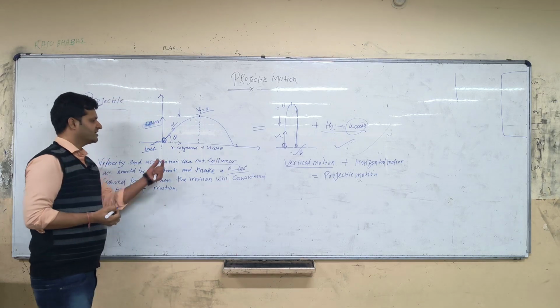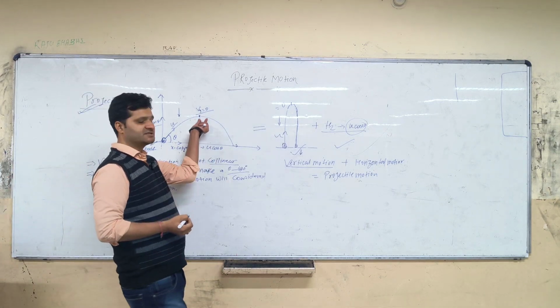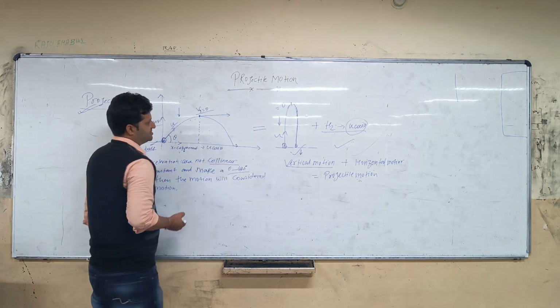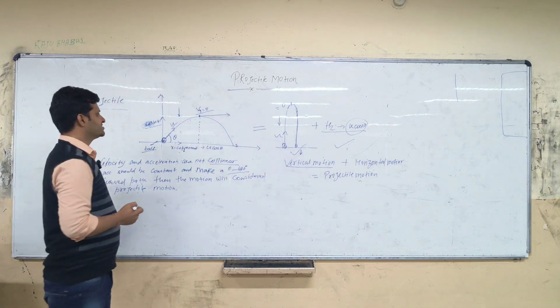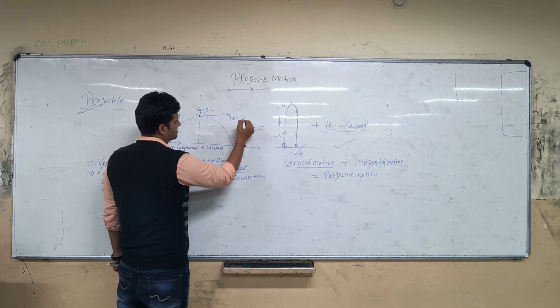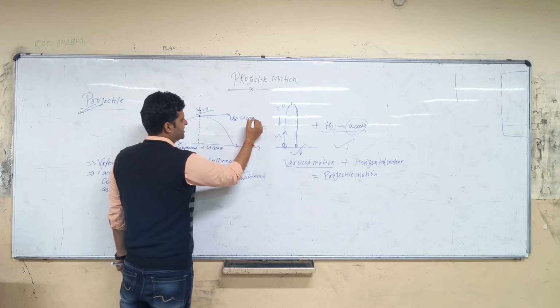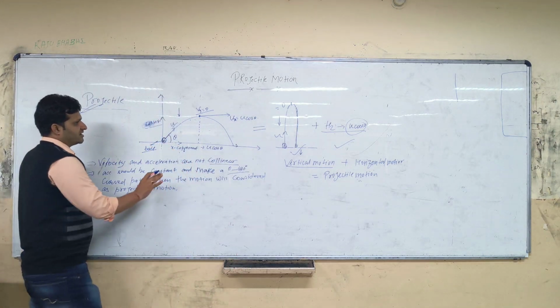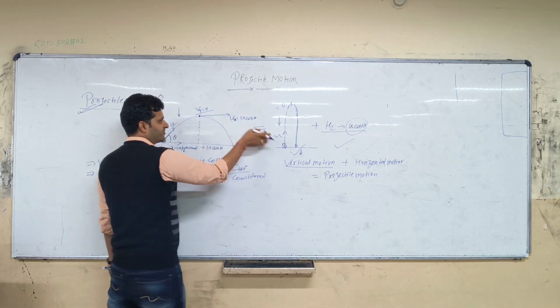But what do you think about the horizontal component at the highest point? It will remain unchanged. It will remain the same, right? So you can say that it will be equal to u cos theta itself. So you can get the feeling from this concept.